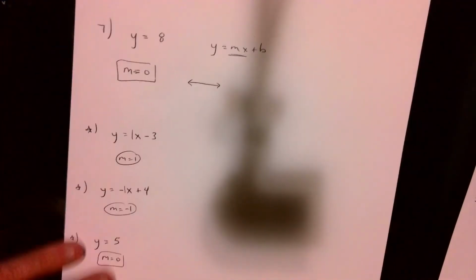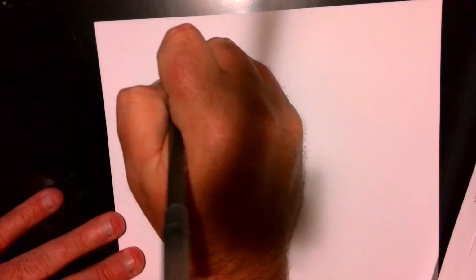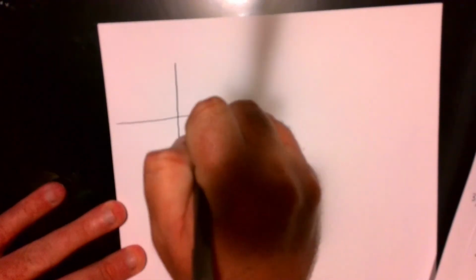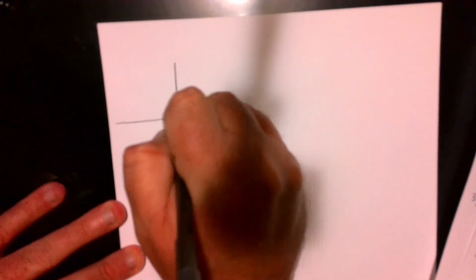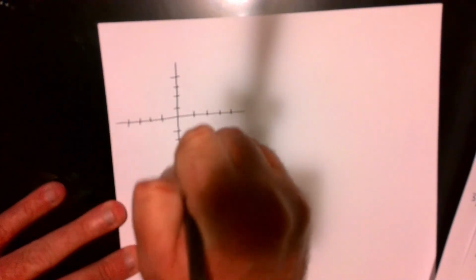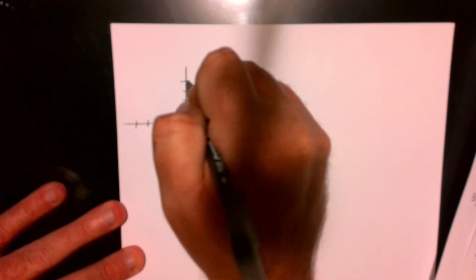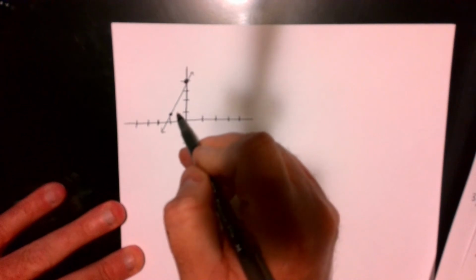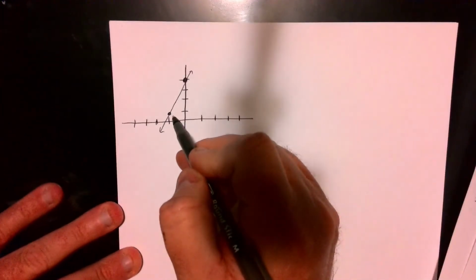We're also going to do some review problems today of finding slope the other two previous ways we've been doing it. If you did not watch those videos, this will be a quick tip of how to do that. If you were given a graph, and let's say you had a point here, and you had a point here, and your line looked like this, and we wanted to find the slope from the line.